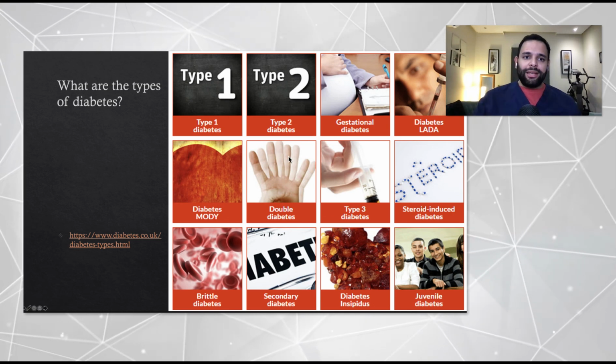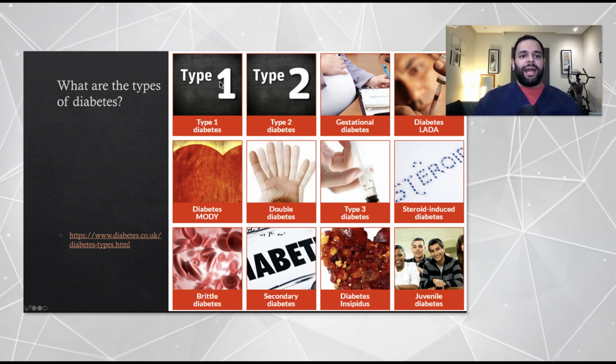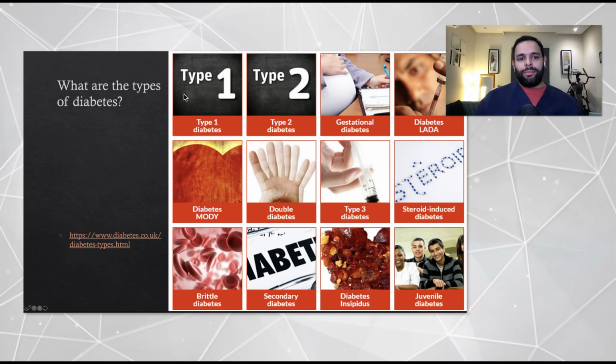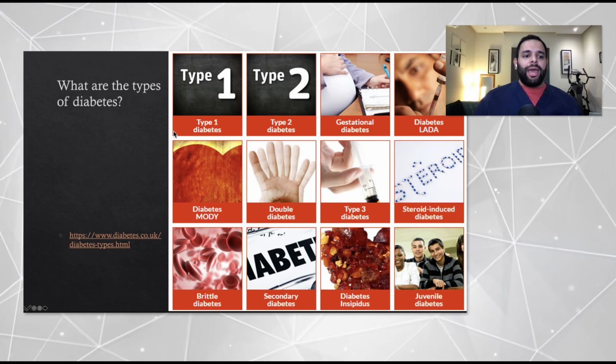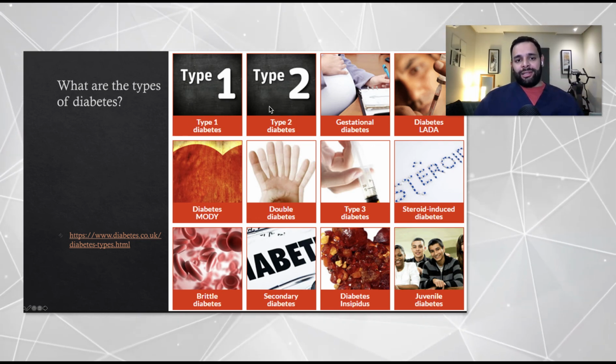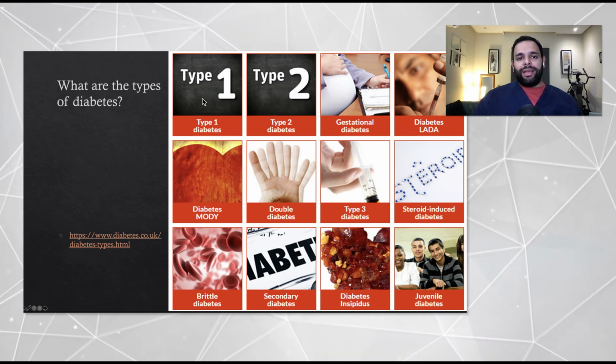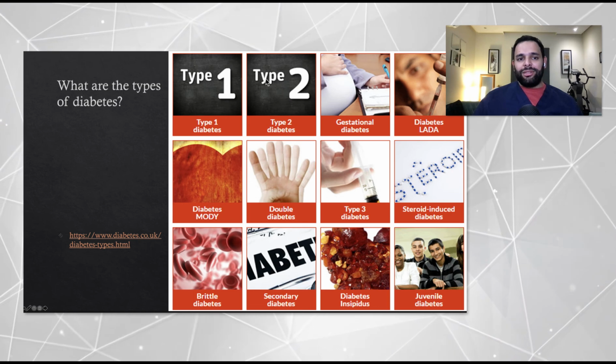Type 1 diabetes is the diabetes that is recognized most commonly by scientific communities as the autoimmune one, and type 2 is the one where there is resistance to insulin. Now, the recognition of type 1 is no insulin, type 2 is insulin resistance.